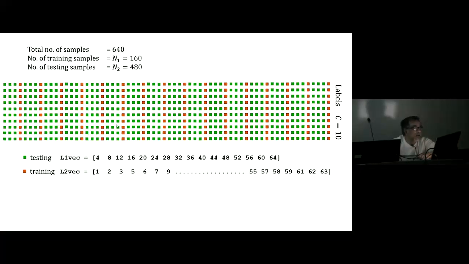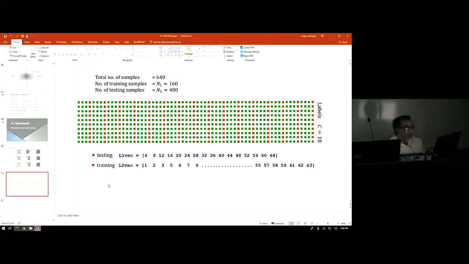The green ones are the testing samples. The brown ones are the training samples. What I've done is these should be, this vector should be 1, 2, 3, 5. I've swapped this and this. Are we doing training with less? Yes, less. Let me correct it for you.